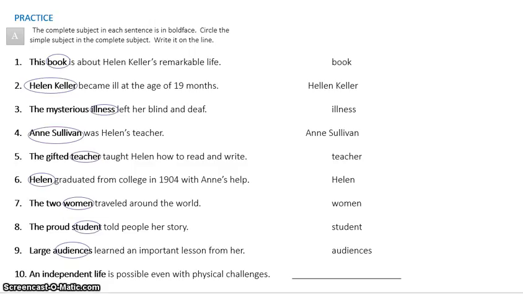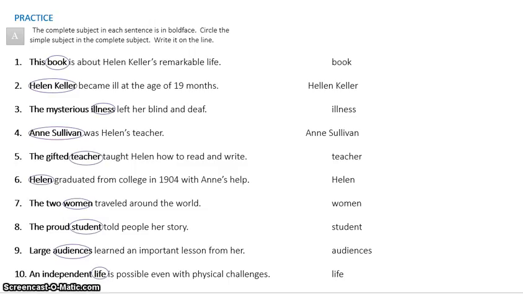An independent life is possible even with physical challenges. They've divided the sentence into complete subject, complete predicate. I'm looking for my simple subject, so I go to the complete subject, and I have a choice of 3 words. Is the sentence about Anne? No. Is it about independent? No. Is it about life? Yes.